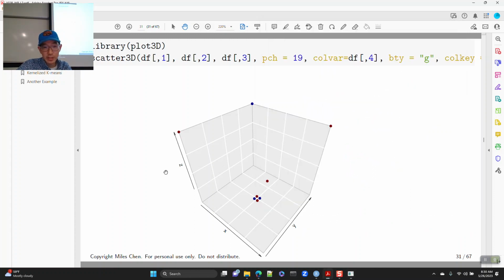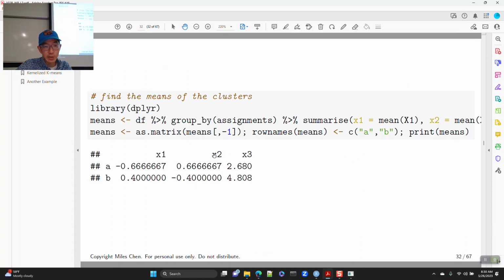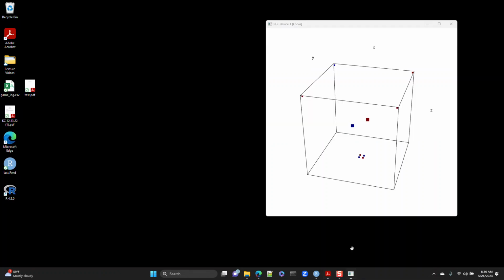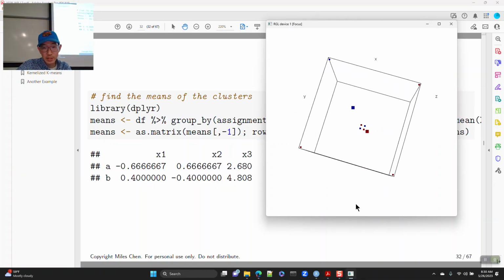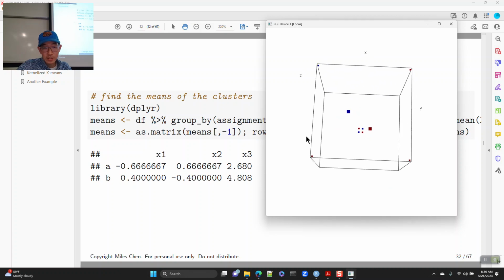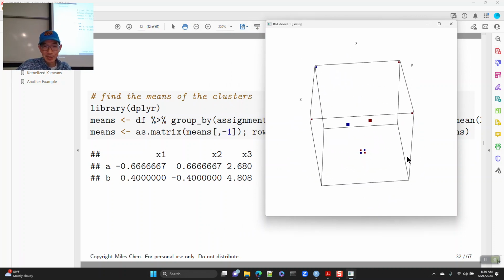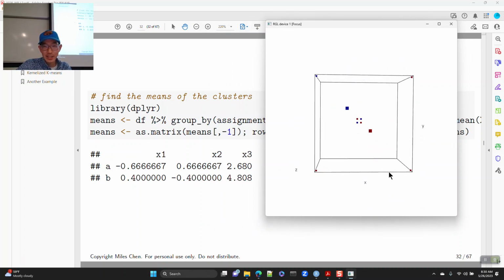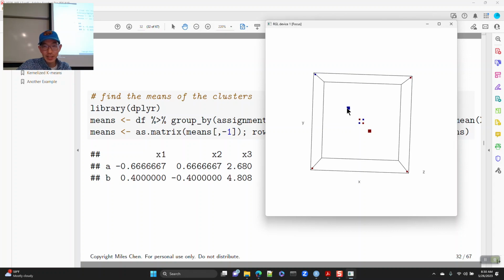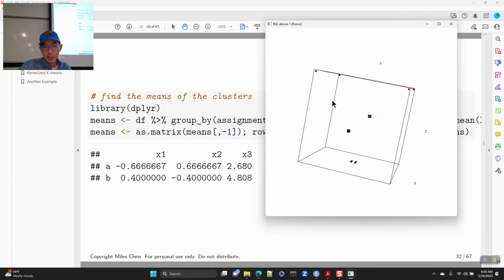So that's what we have there. And so this is the coordinate of our 2 centroids. So centroid A, or cluster A, is in blue. x1 is at negative 0.67, x2 is at positive 0.67, or I guess this is on y, and then x3 is at 2.68.